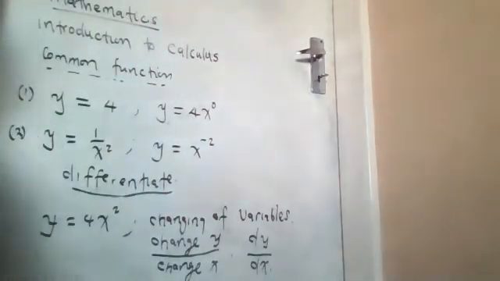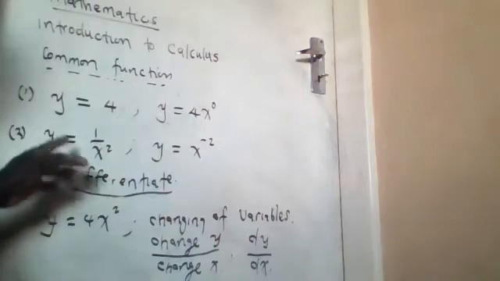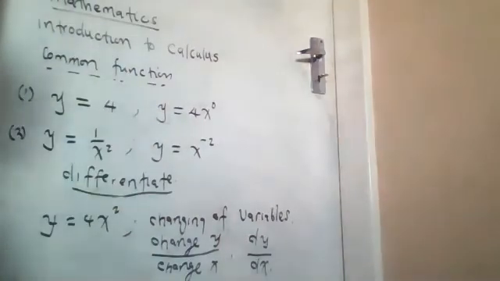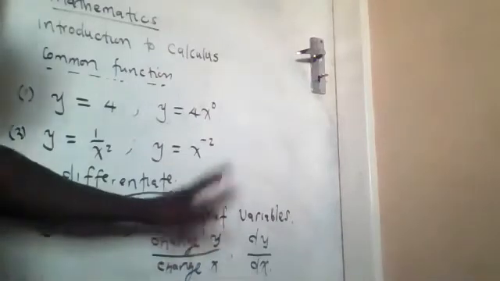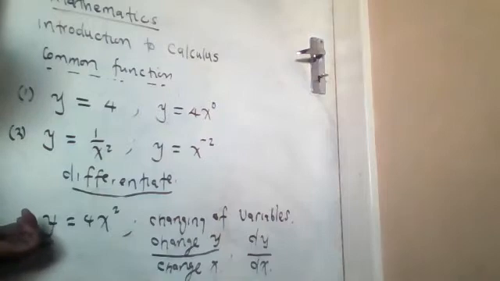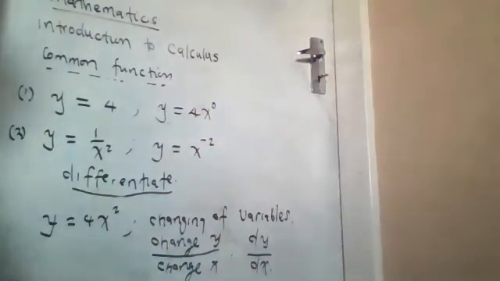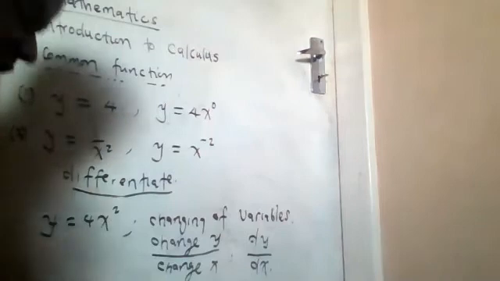I'm just explaining. You're going to understand it better when we look at the example. So when you're given a function like that, and they ask you to differentiate, you have to look at how the variables are changing, how y is changing with respect to x. What are you supposed to do to see how these two variables are changing?